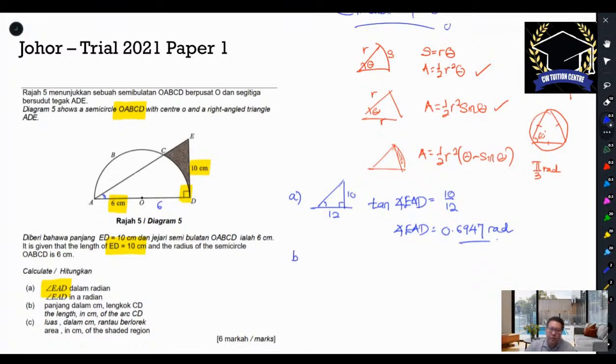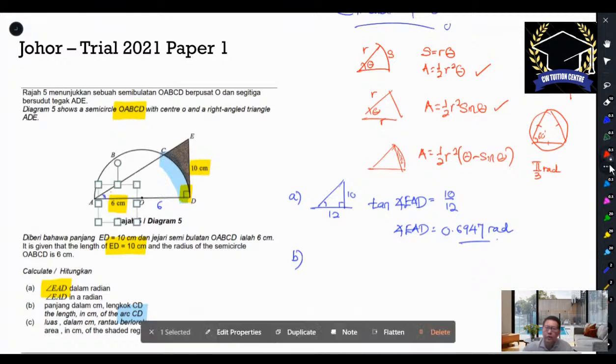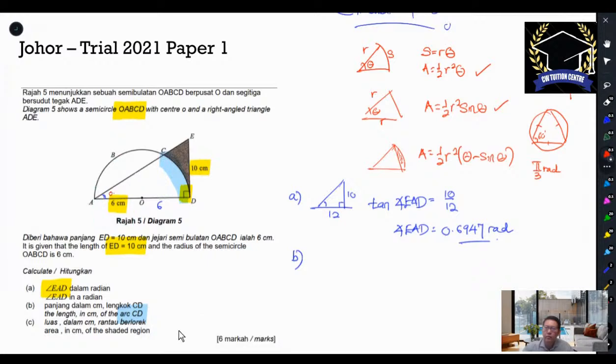And then B. The length of the arc CD. The question is asking for this arc CD. So we have the angle 0.6947 over here.